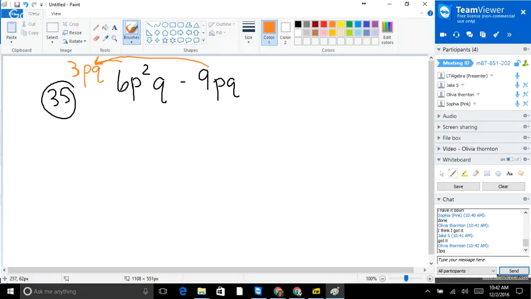So if I pull a 3, a P, and a Q out of this, I'm left over with 2 and 1 P, right? And the second one, if I pull a 3PQ out of that, I'm left over with just 3. So that would be it.